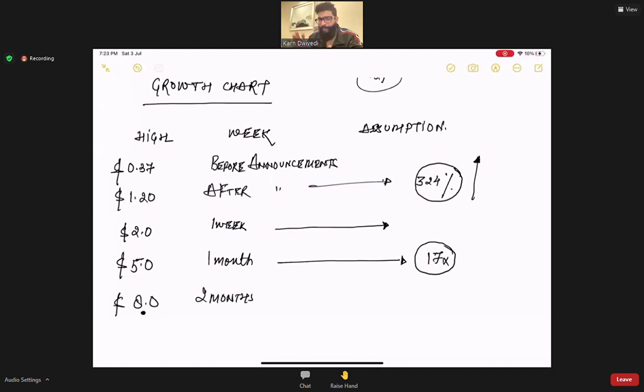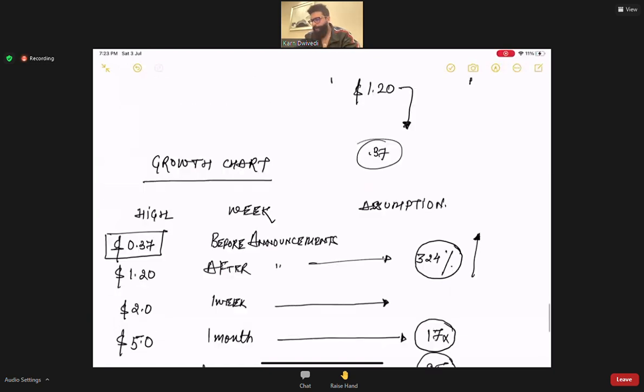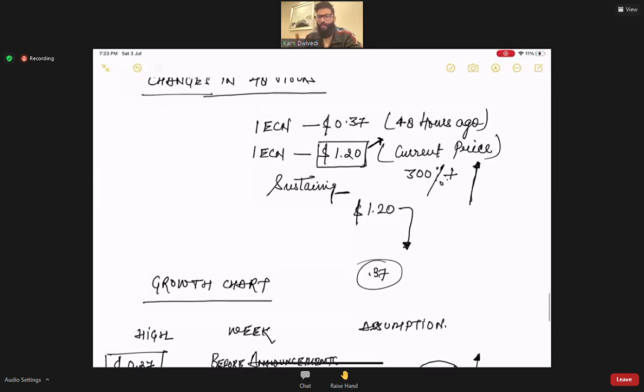But I'm keeping the very lowest figures here in the chart to explain to you. Let's say $8, which is approximately 25x compared with this price, right?